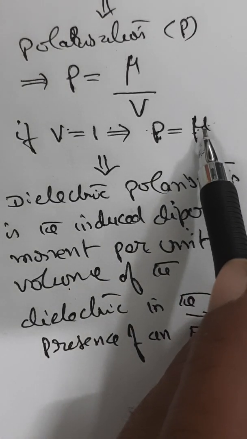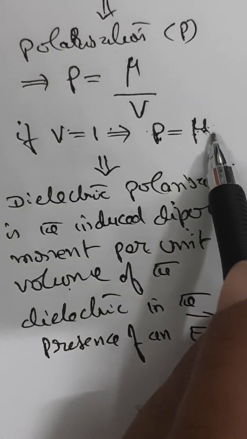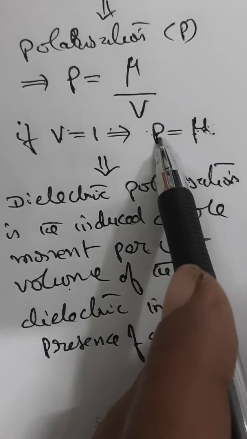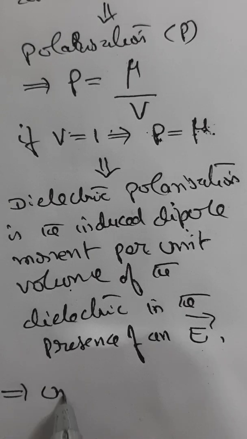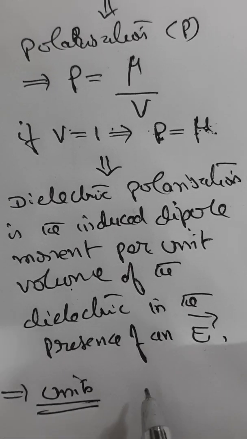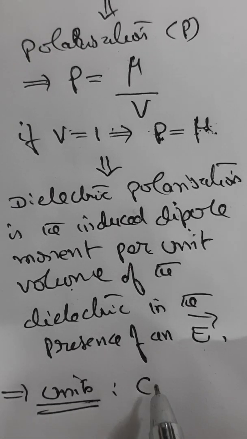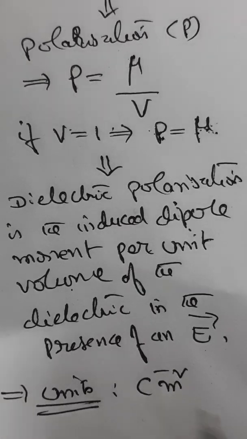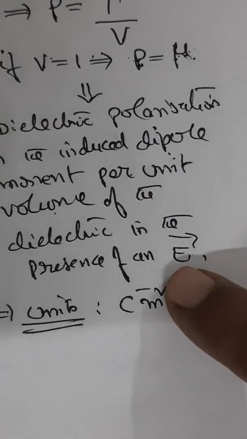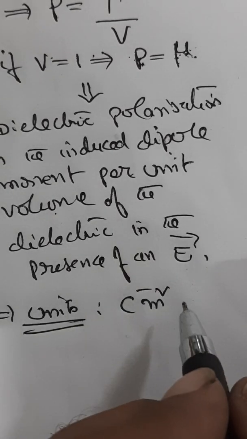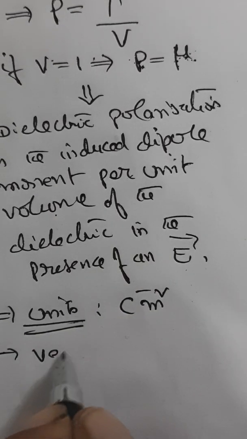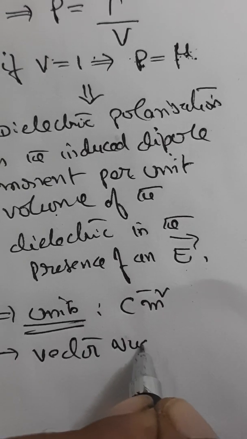So whatever be the units of mu, naturally they will be the units of P also. So therefore, the units of P are Coulomb per meter square, Coulomb meter minus 2. So it is a vector quantity.